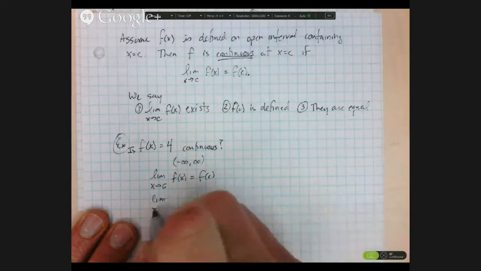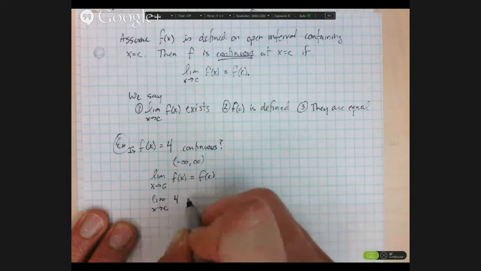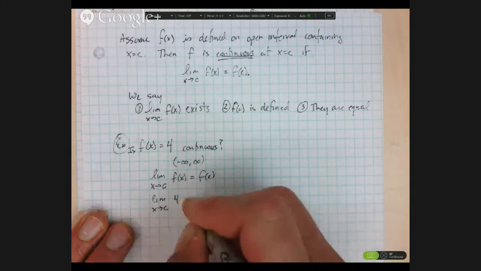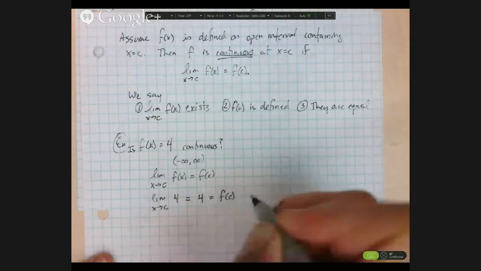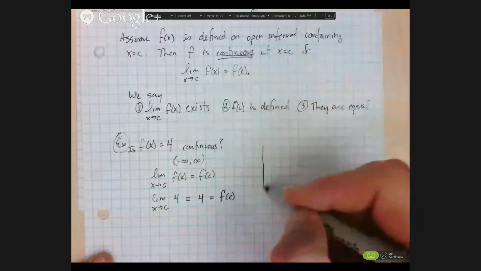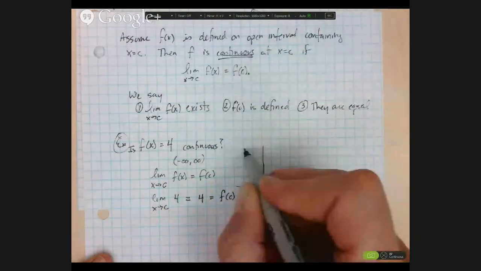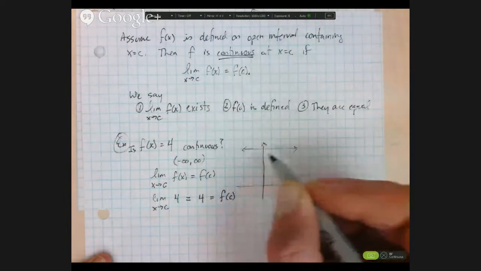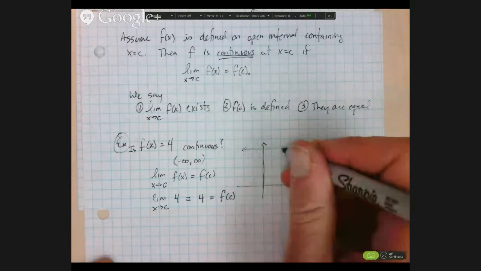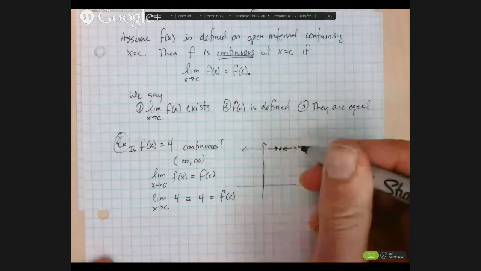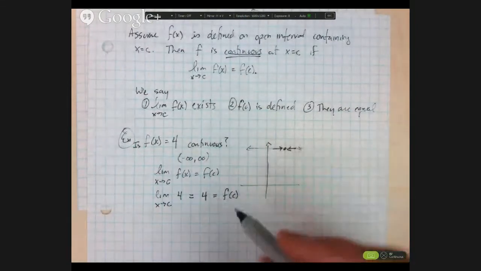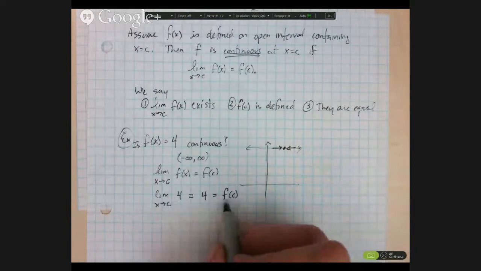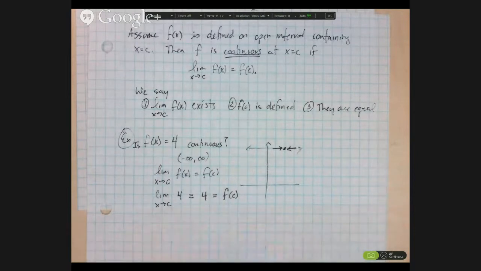So if we write that, every y value for that graph, so if I graphed it, 1, 2, 3, 4, there's this graph. Every single y value is 4. So any limit, any x value that I approach, the y value is going to be 4. So any f of c is going to be 4 as well. So we know that this exists, this is defined, and they are equal. Okay. Therefore, f of x is continuous.